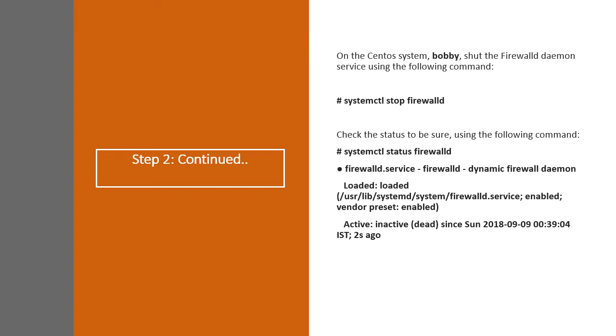On the CentOS system, Bobby, shut down the Firewalld daemon using the following command: systemctl stop firewalld. Check the status to be sure using: systemctl status firewalld, and you see that the firewalld service is now inactive or dead.